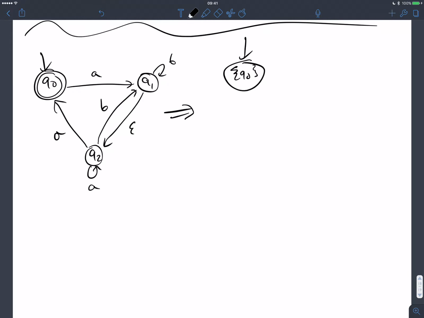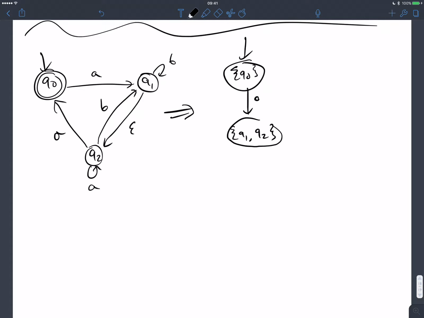On input A, where can I go from Q0? Q1. Be careful. Can I go to Q2 from Q0 on input A? No. So the state that I have currently listed is Q1. Now what do I look at? The epsilon closure. What is the epsilon closure of Q1? Q1 and Q2, and that's it.